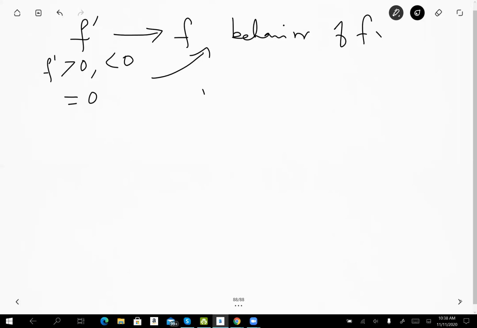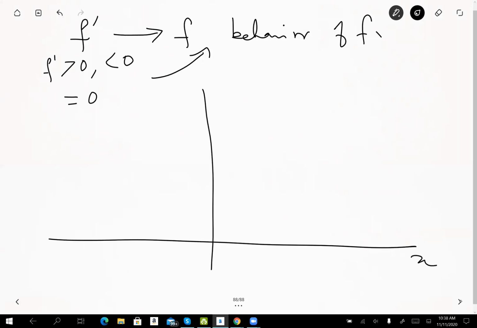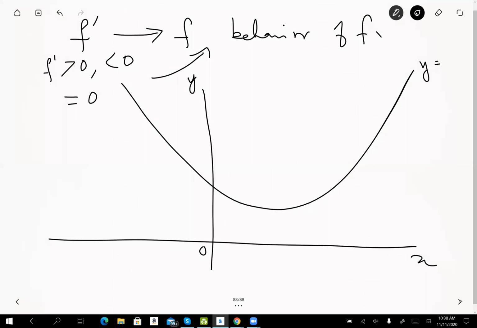Let me just draw a line. Let's say I got x and y, and I have a line going like this, y equal to f of x. If you look at the line here, if I take this point, say x1, what can you say about the derivative?